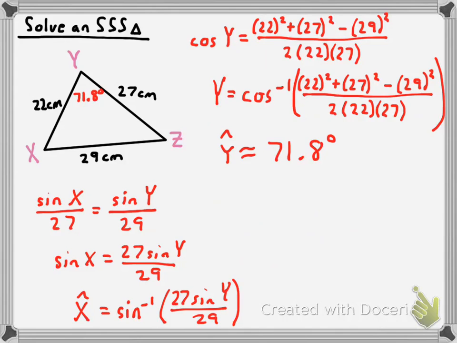All right, figure that out, and we're almost done then. You get about 62.2 degrees from that. I'll label that on the triangle.